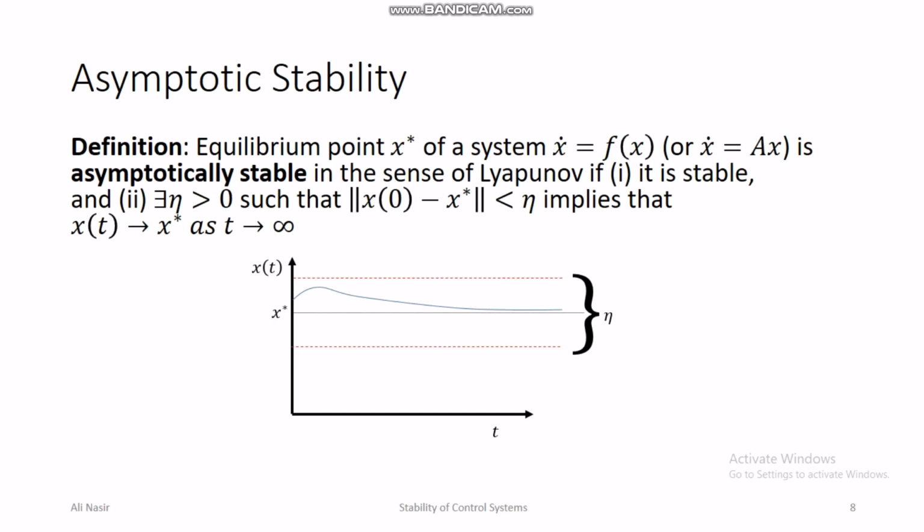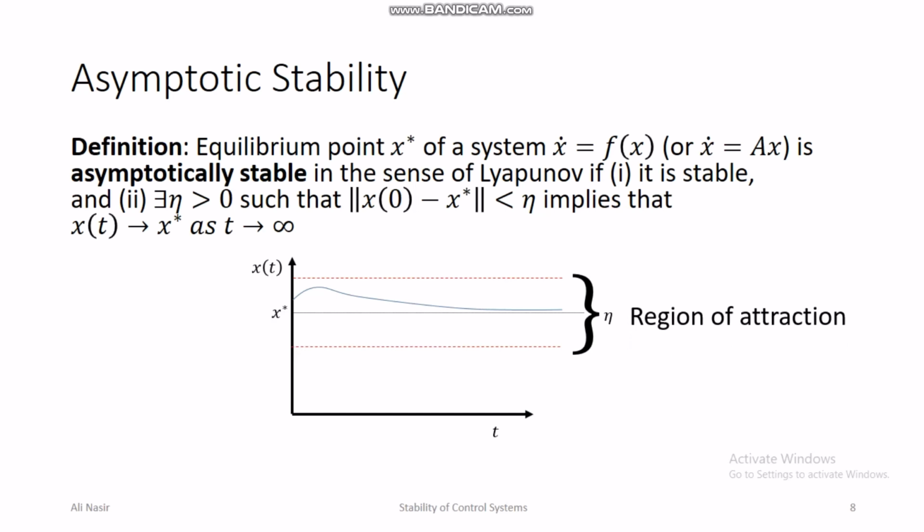So this is the concept of asymptotic stability: it is stability plus the existence of some neighborhood eta, such that if you start within eta distance from the equilibrium point, then the trajectory converges to the equilibrium point. This eta you can refer to as the region of attraction.